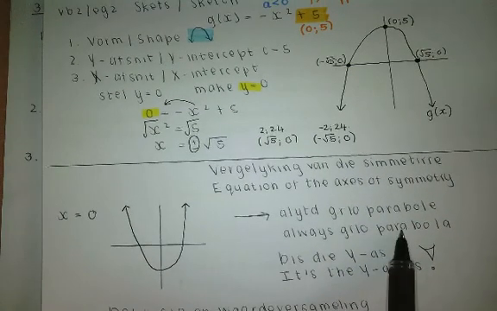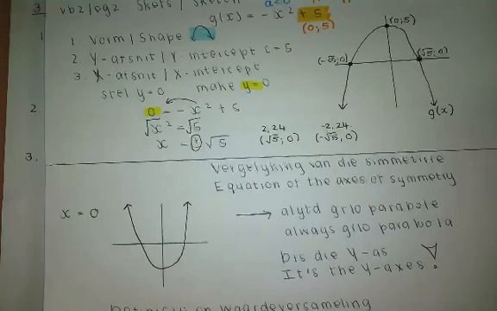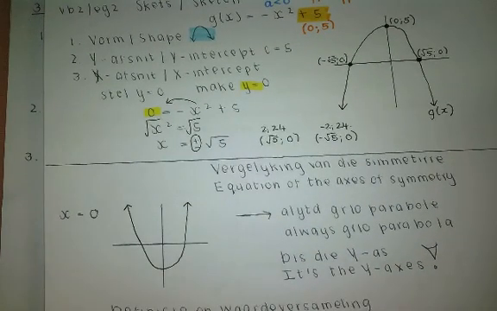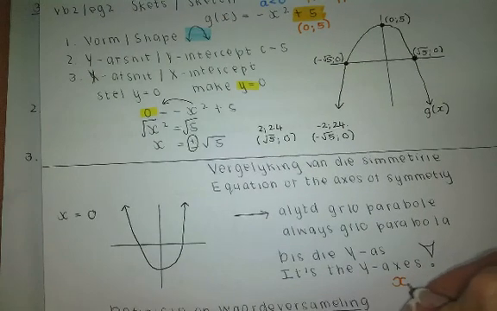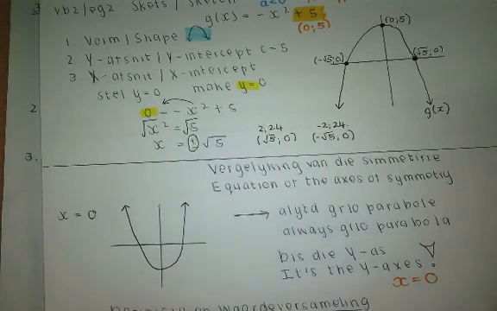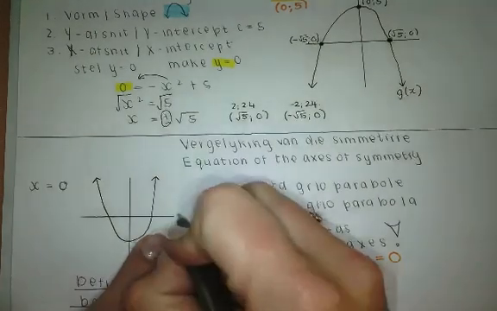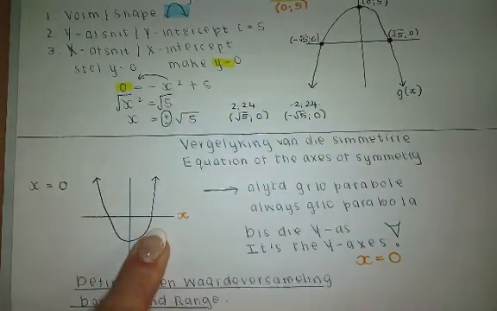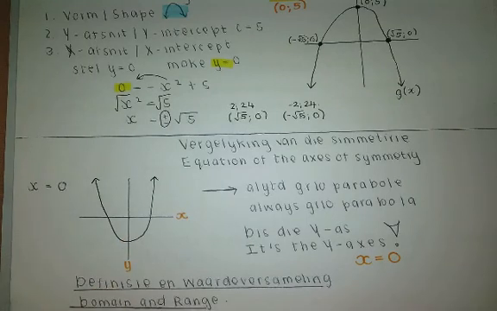That's it. So always in grade 10, in the parabola, the axis of symmetry is the y-axis. And the y-axis is your x equals 0 line. I showed you in the beginning. This is your x-axis. This is your y-axis.